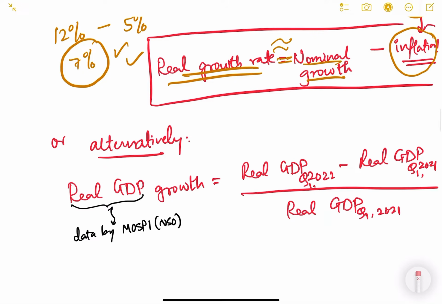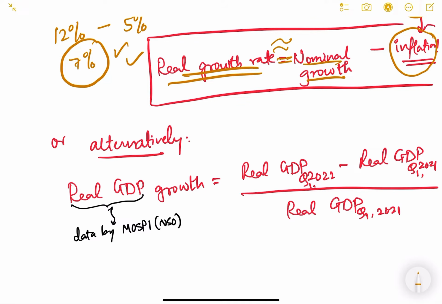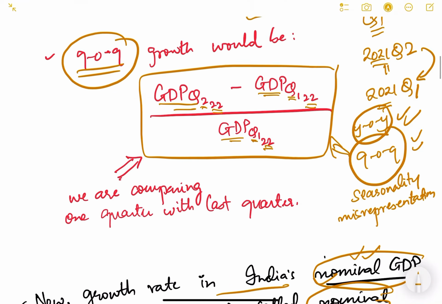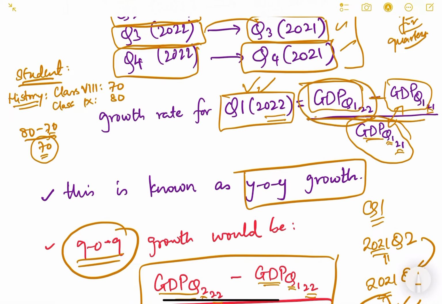Or alternatively, if we directly have the numbers of real GDP, just like we calculate the nominal GDP growth rate, which will be nominal GDP in quarter 1 of 22 minus nominal GDP in quarter 1 of 21 divided by nominal GDP in quarter 1 of 21.